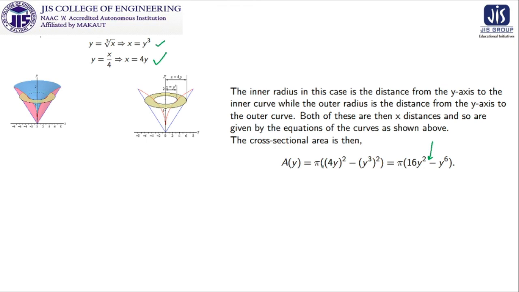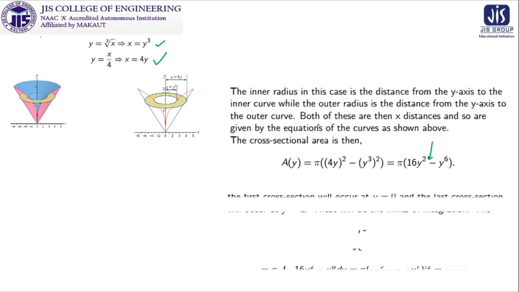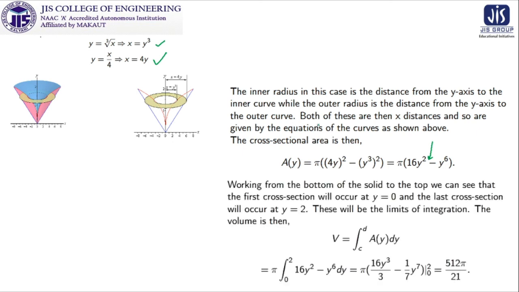So after getting the cross-sectional area, we have nothing more to calculate, just from the bottom of the solid to the top we have to do for the generation of the volume, and at the bottom it is y equal to 0, and at the top it is y equal to 2. So the lower limit and upper limit will be 0 to 2. Look at this.